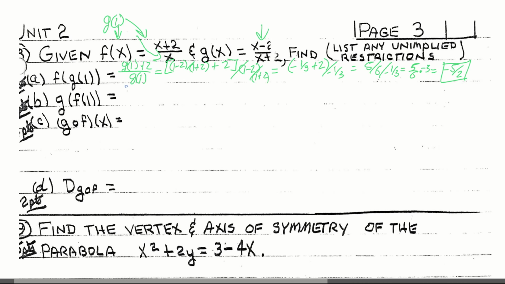So we're going to have f of 1 minus 2 over f of 1 plus 2, which will equal 1 plus 2 over 1, minus 2, all over 1 plus 2 over 1, plus 2. So the 1 plus 2 over 1 simplifies to 3. So you have 3 minus 2 over 3 plus 2. And then that simplifies down to 1/5.